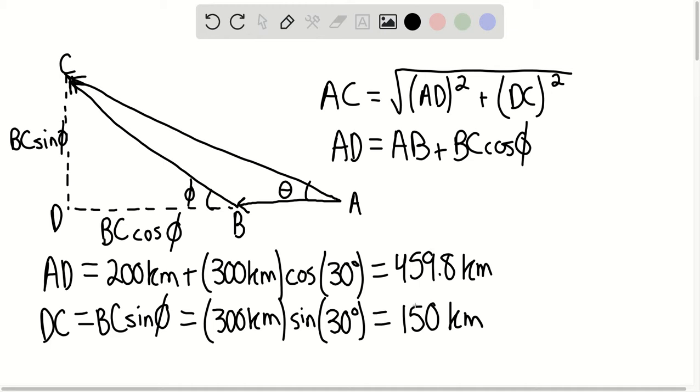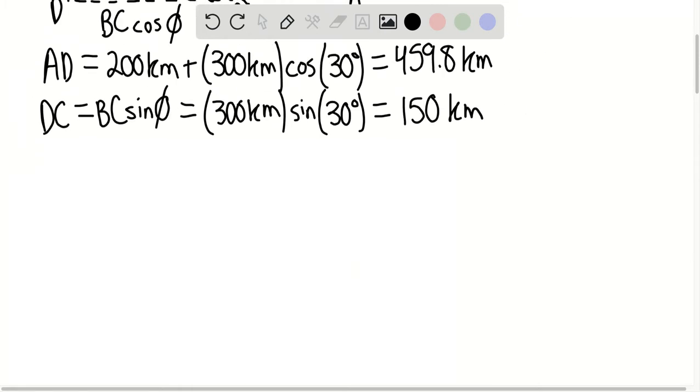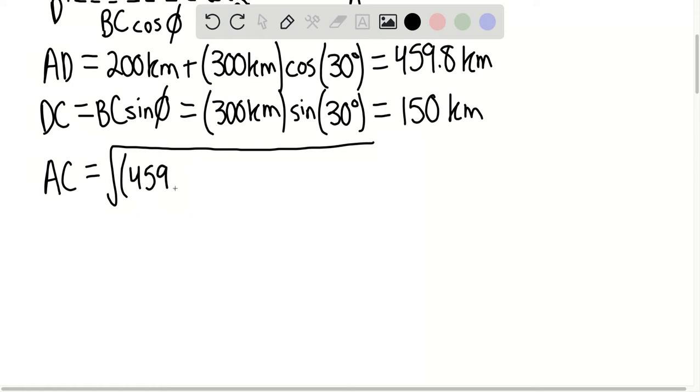So now we can find AC and say that AC is equal to the square root of 459.8 kilometers quantity squared plus 150 kilometers quantity squared.